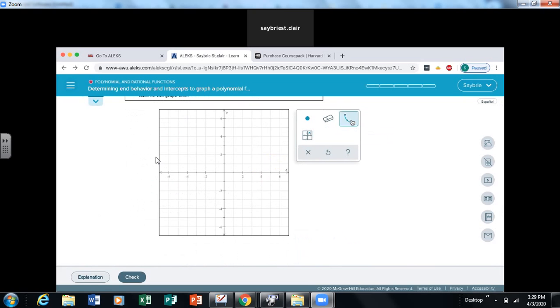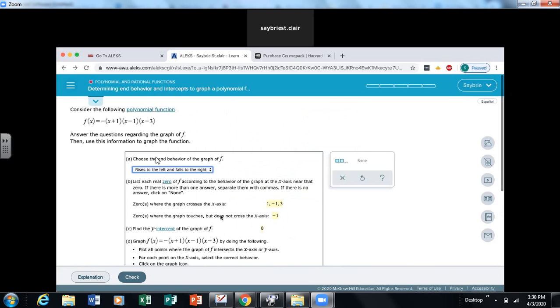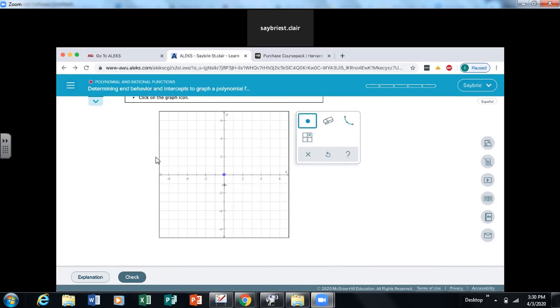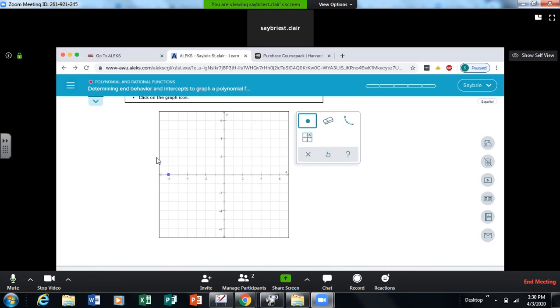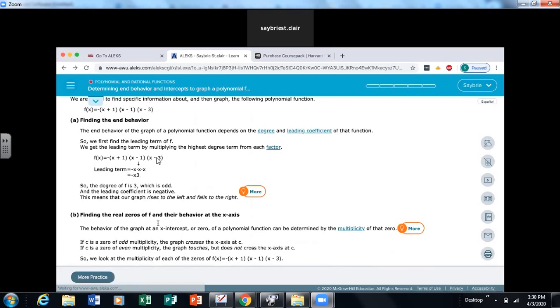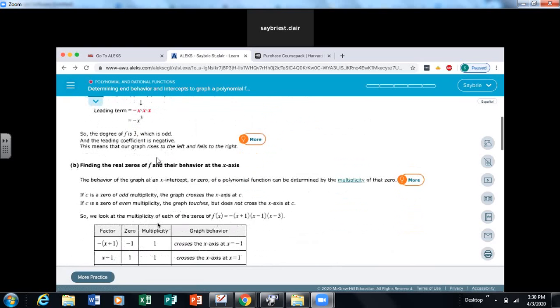So we need to put a point on -1, but shoot, I don't know where that would be. Man, this is a tough one. We might have to just skip the explanation on this one, Sabri. I'm sorry. Because we gotta learn that this one has that 0 that doesn't touch the y-axis.